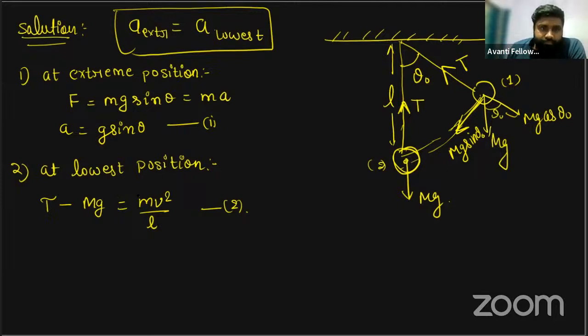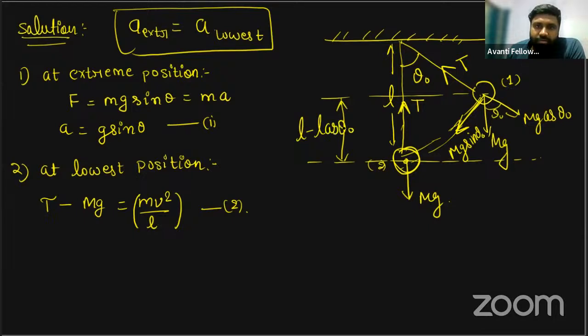So we will somehow get this value mv square upon L, and this we can only get from the energy conservation, as we have seen in the question discussed in yesterday's class. So let's say this height will be L minus L cos theta naught.